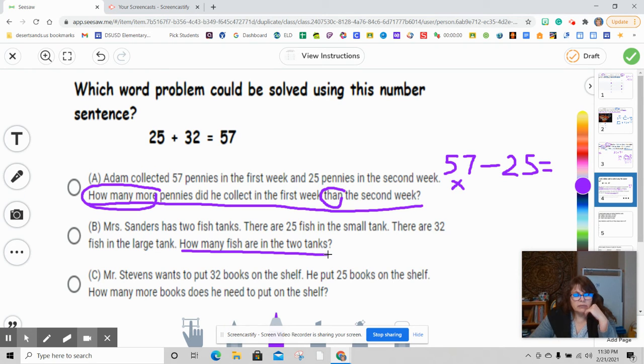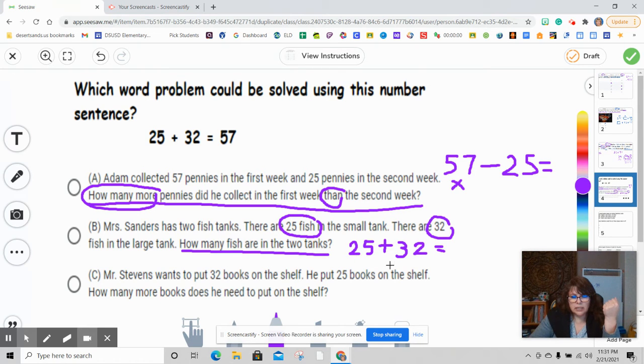Now I'm going to see the information. I have 25 in the first small tank, and there's 32 in the bigger tank. So I'm going to have 25 plus, because I want to know how many are in both tanks, 32 equals, and I could probably do the math.